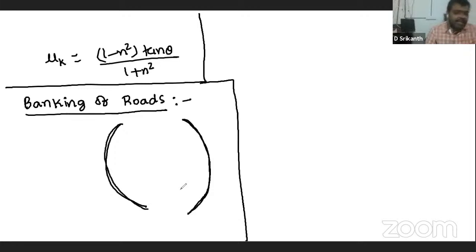You can consider either convex or concave. Suppose in this one I will consider the points A and B. A is the bottom of the curve path and B is the top of the curve path. Okay, fine.